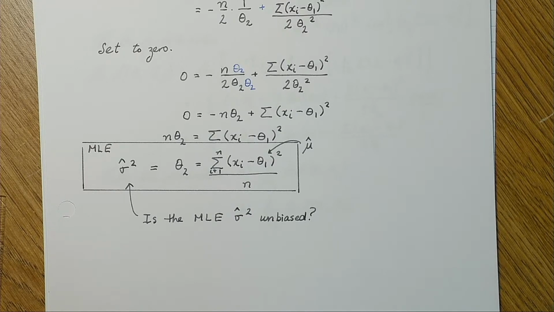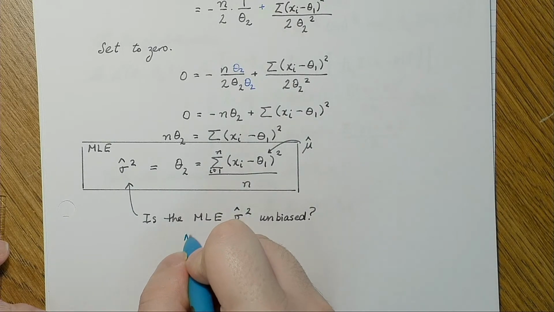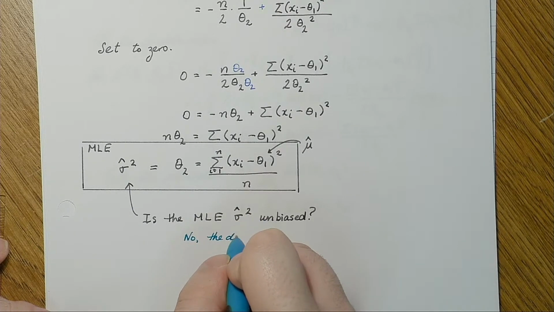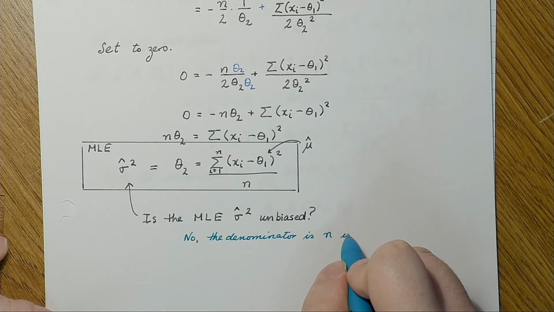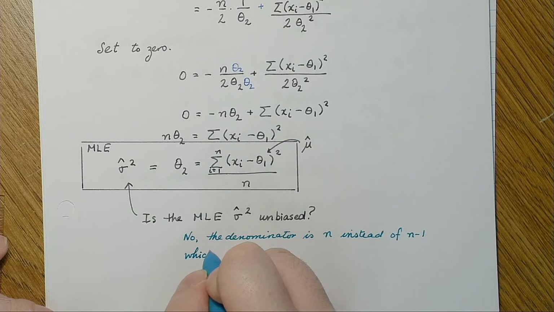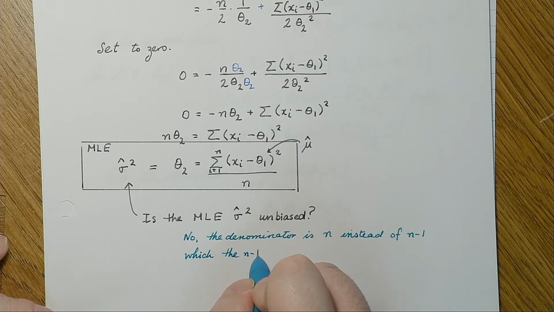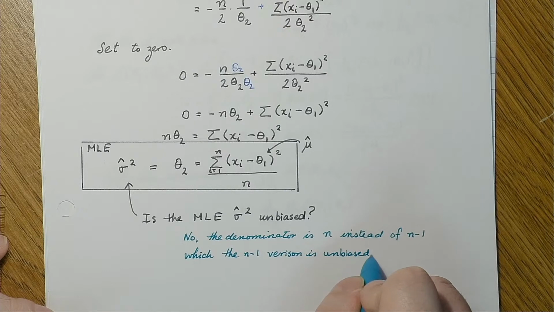Is it unbiased? Exactly. No, because the variance has n minus 1. Yep. Perfect.